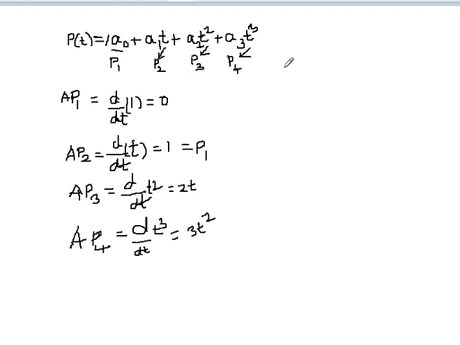As the value of p1 is 1, we can write A p2 as p1. Similarly, A p3 is 2t, which we can write as 2 into t, that is 2 p2.